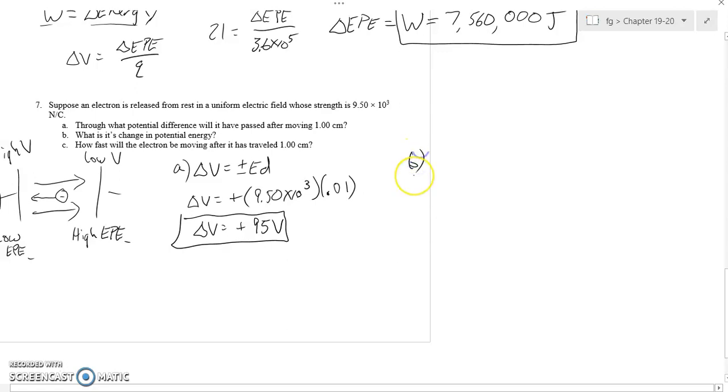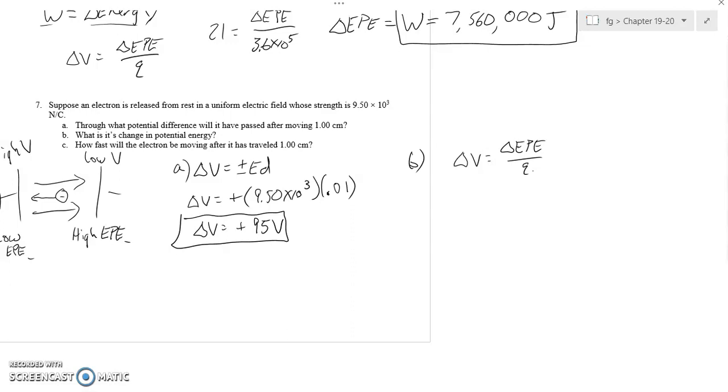Part B. What's the change in potential energy? Well, now I know delta V, I know the charge, I know a lot of stuff now. So find an equation that will fit your information. I'm using delta V equals delta EPE over Q. Delta V we just solved for, 95.